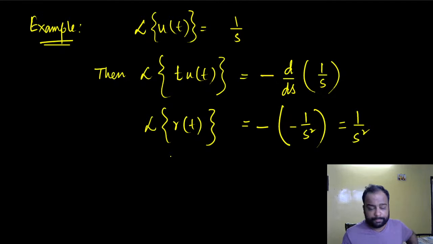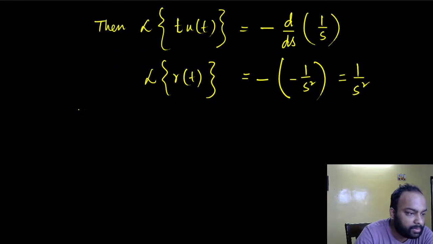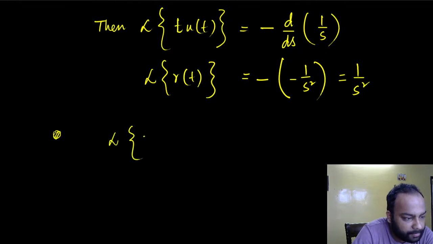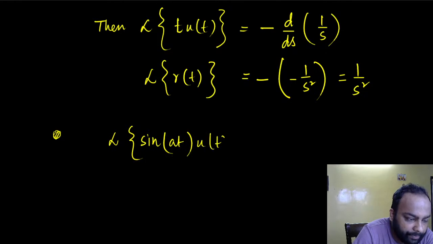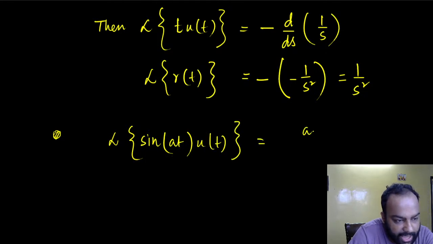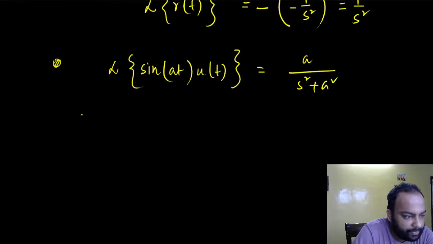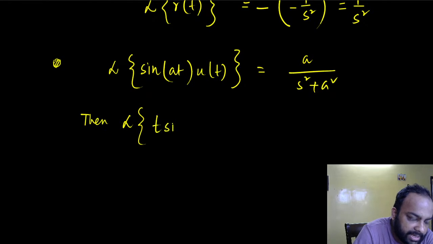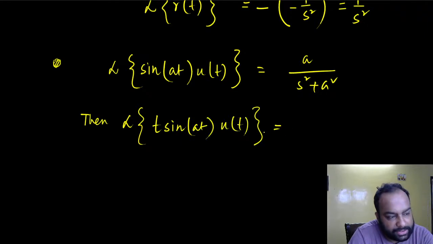Let's take another example. We know that the Laplace transform of sin(at) u(t) was a by s square plus a square. Then what is the Laplace transform of t sin(at) u(t)? Again, that would simply be this derivative.